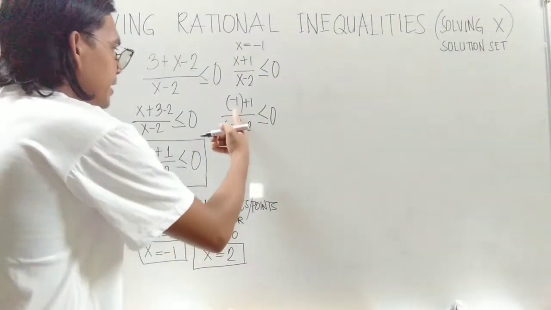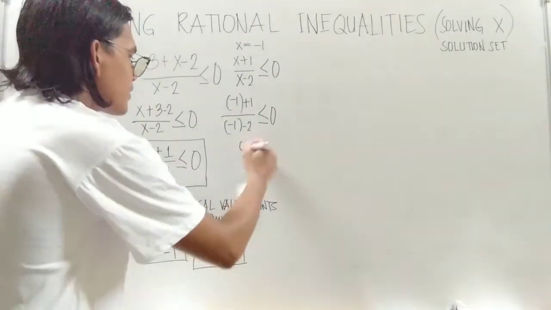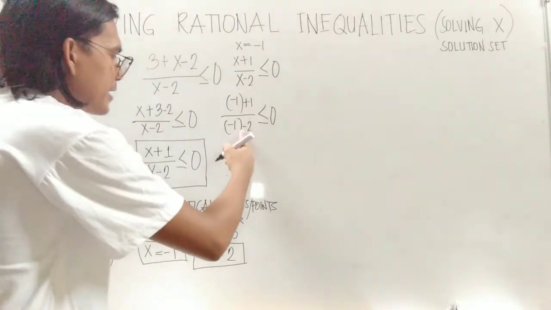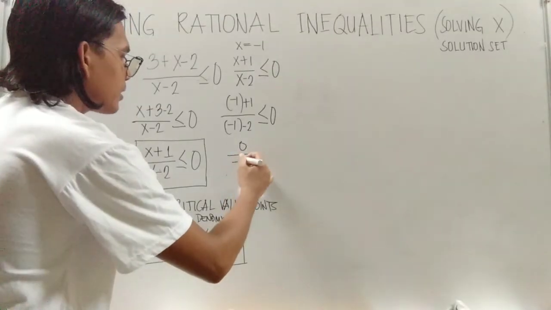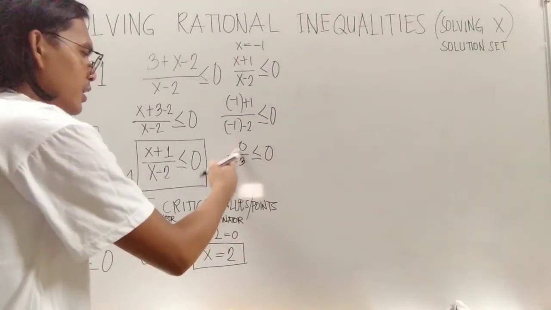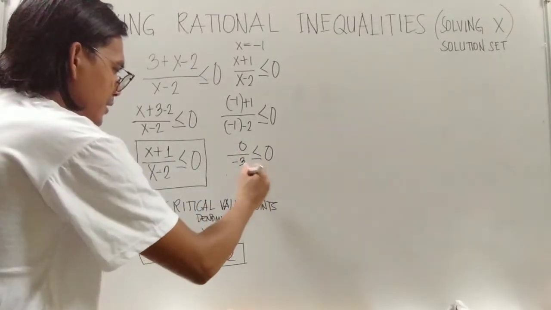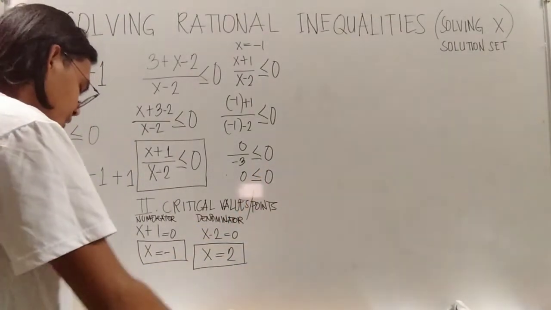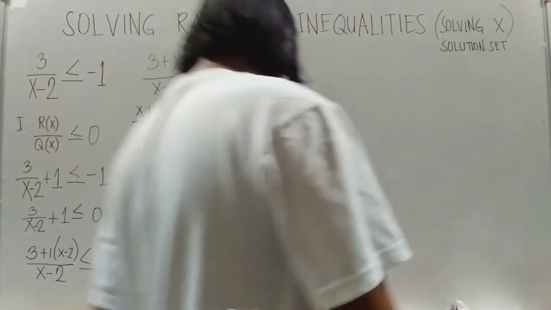Okay, simplifying, negative 1 plus 1 is 0. Then negative 1 minus 2 is negative 3. Simplifying, 0 divided by any number is 0.